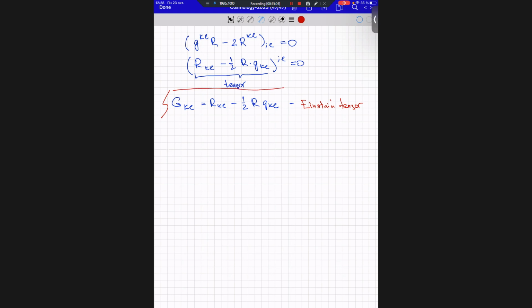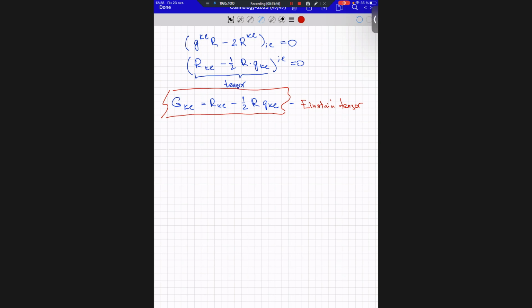So this is an important object which we obtained. I think on the next lecture we will finally write the Einstein equation. This expression is very important to obtain finally the Einstein equation for the gravitational field.